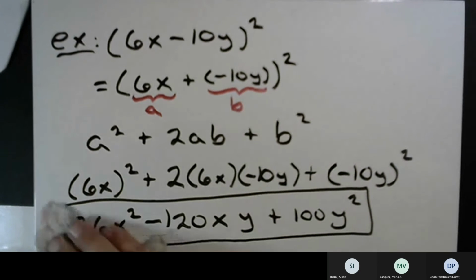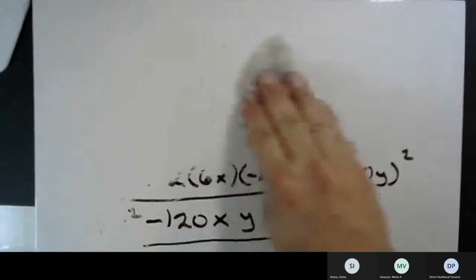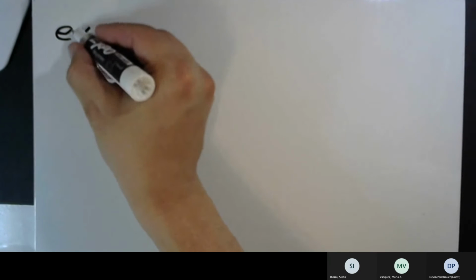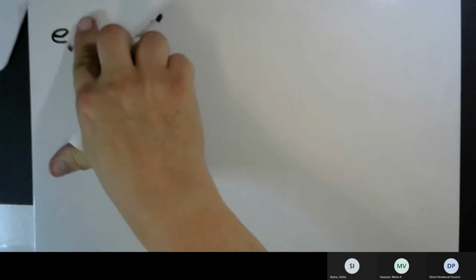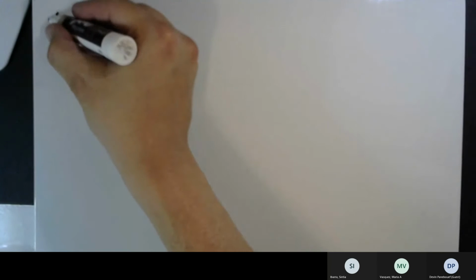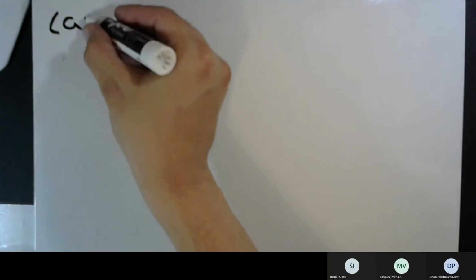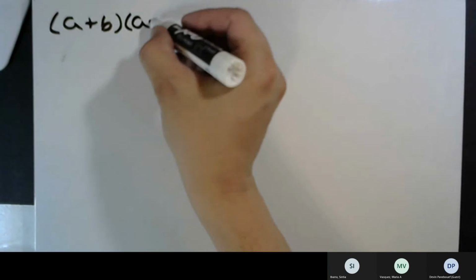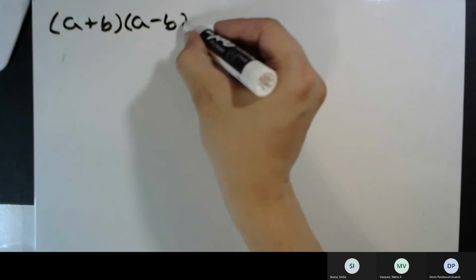So the other kind of shortcut that we looked at in this section was this. A plus b times a minus b.